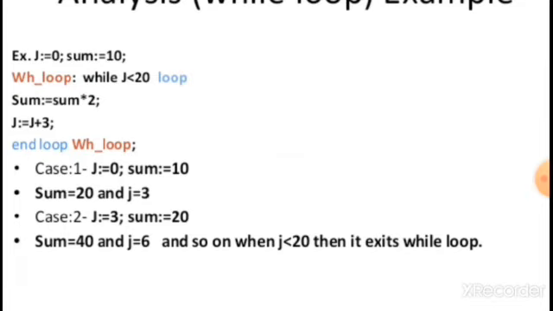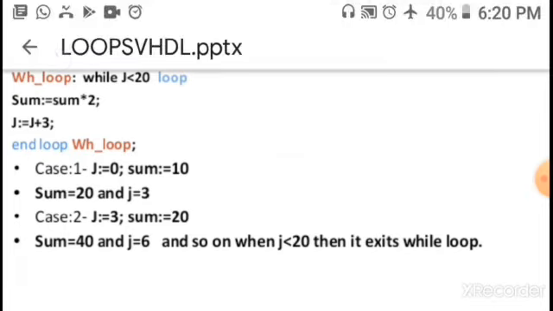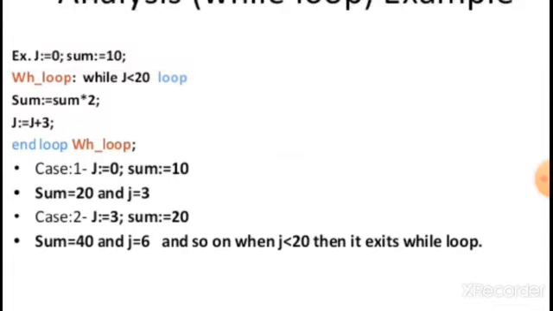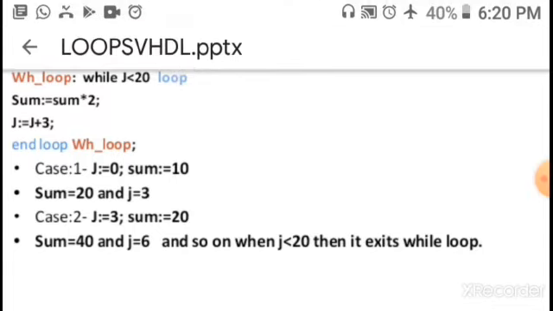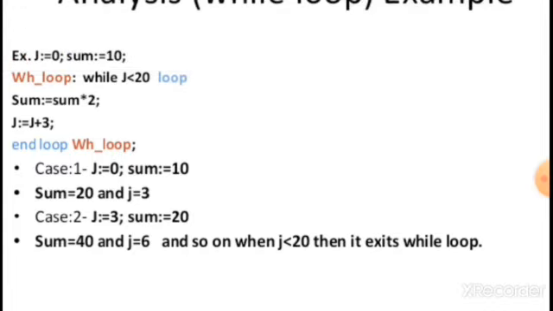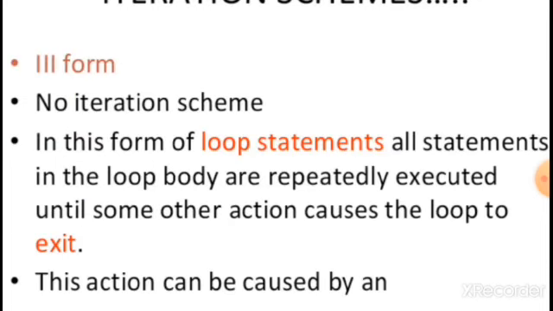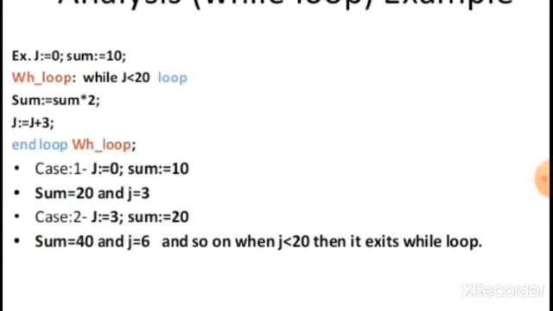Initially you have declared j is equal to 0, so this is true. Afterwards we have written the loop. If this condition is true, it should execute the body of the loop.